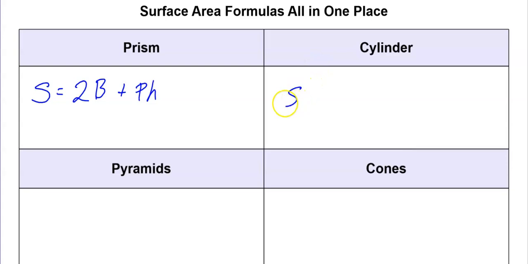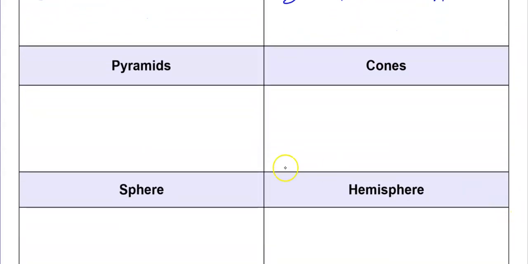For a cylinder, the surface area is going to be 2 pi r squared, because pi r squared is the area of a base, times it by 2, plus 2 pi r, which is the circumference of our circle, which is the perimeter of the circle, times the height of the cylinder. For pyramids, surface area is going to be 1/2 the perimeter of the base times the slant height plus the area of the base.